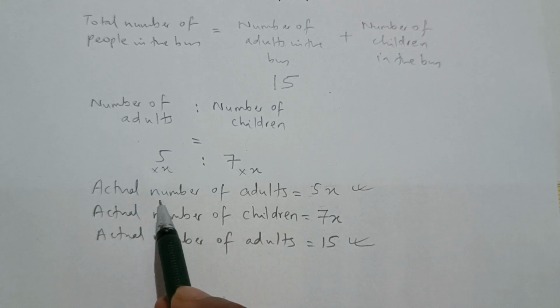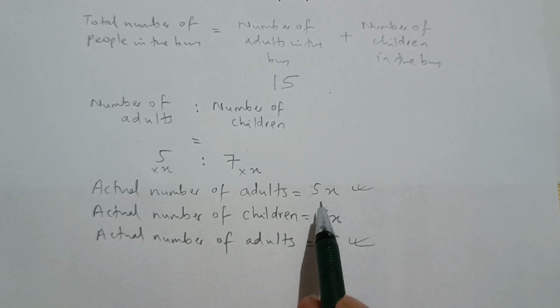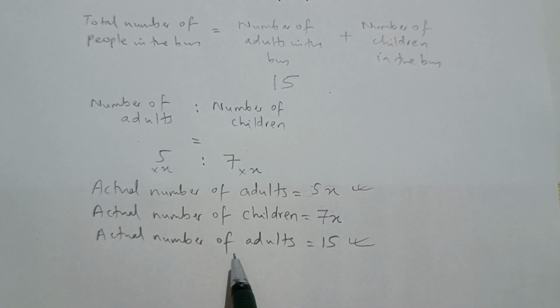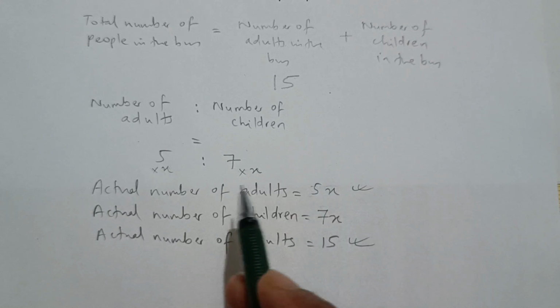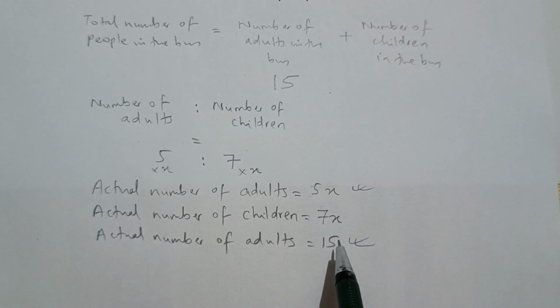Here I am saying that the actual number of adults is 5x, and here that it is 15. So 5x is equal to 15.